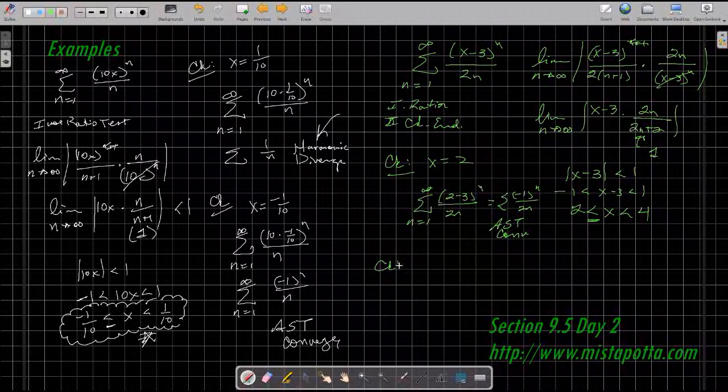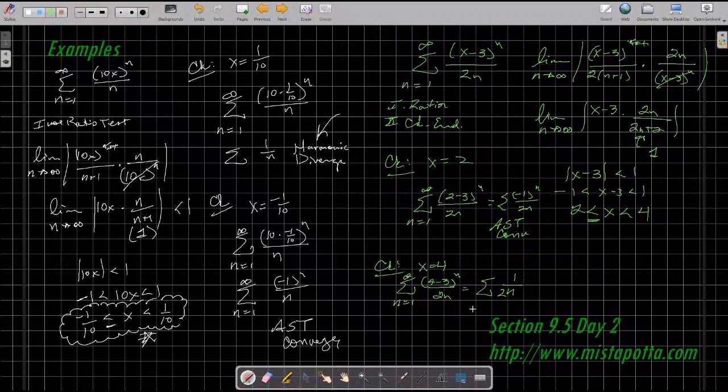When I check x equals 4, this series becomes the series from n equals 1 to infinity of 4 minus 3 to the n over 2n. So this is really the series of 1 over 2n. So because this is 1 to the nth power, my numerator really doesn't change.